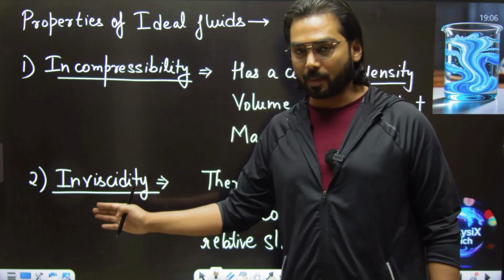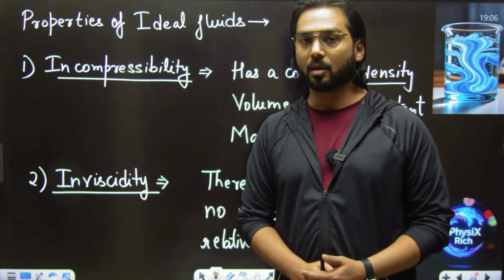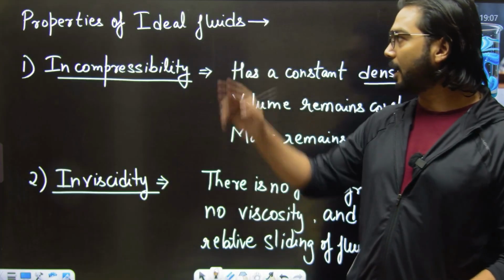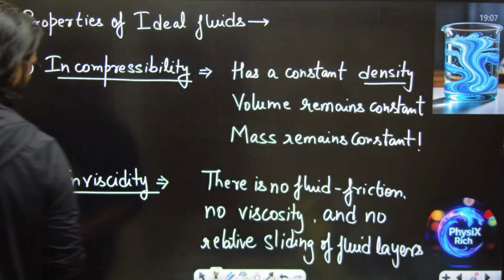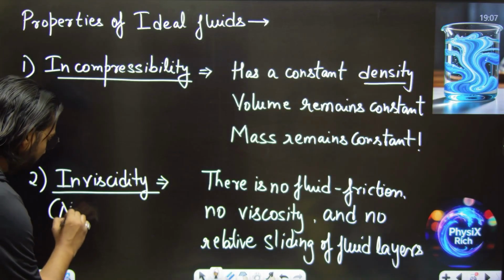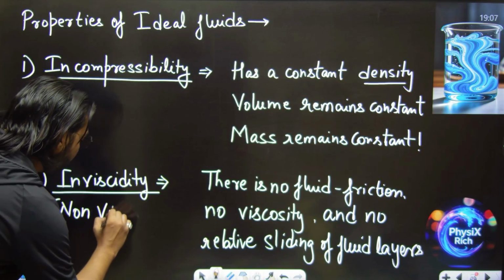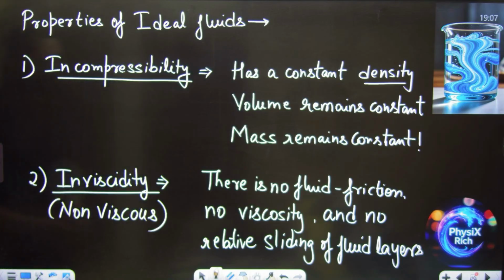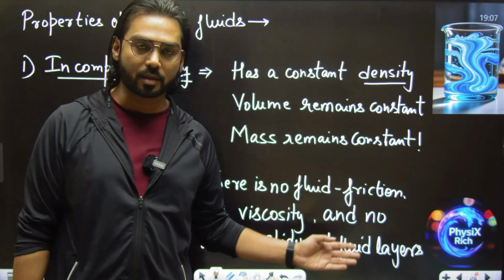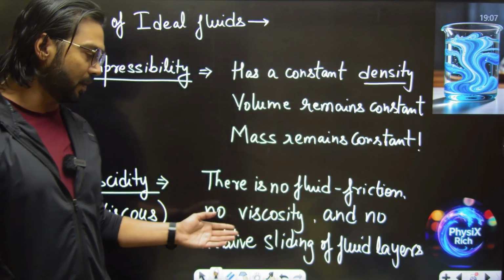This is the next property. It's called inviscidity. Or you could also say that ideal fluids are non-viscous, which means that there is no viscosity. And what exactly is viscosity?